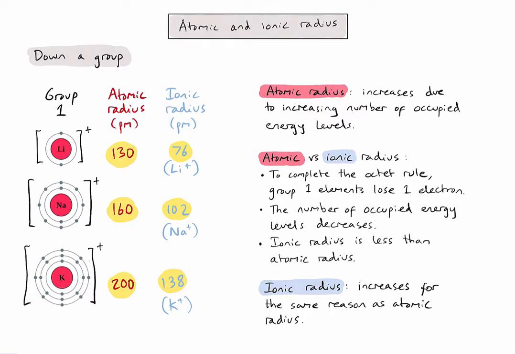So when forming a positive ion, that positive ion is always going to have a smaller radius than its parent atom.